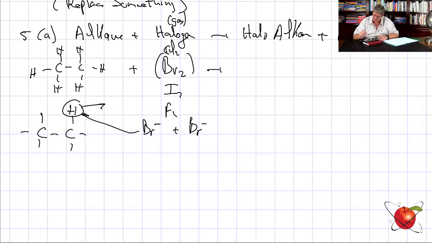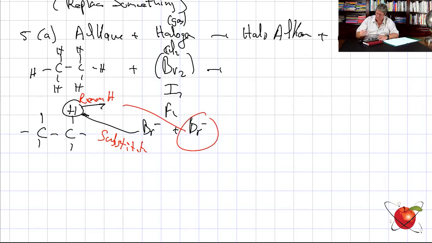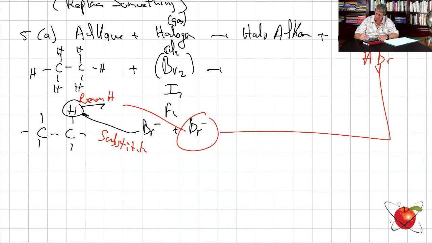So we remove the hydrogen, and there is my substitute. What happens to the remaining one? That becomes my HBr. This one was left over.